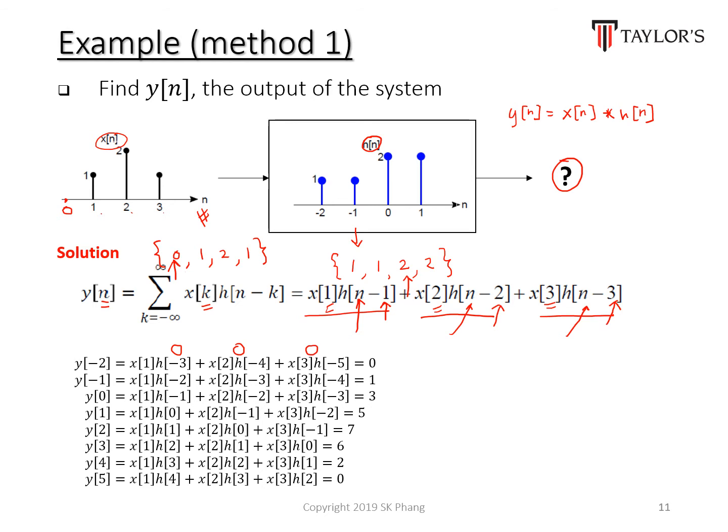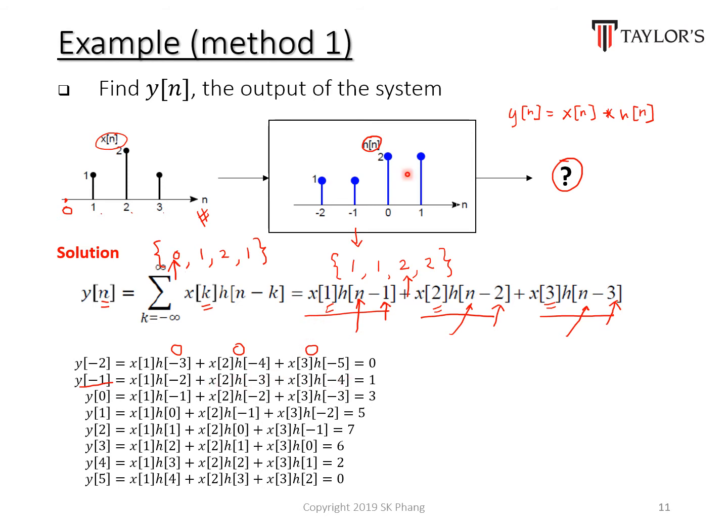Now let us look at n equals minus 1. Substituting minus 1 in these three places, you obtain x[1] multiplied by h[minus 2] plus x[2] multiplied by h[minus 3] plus x[3] multiplied by h[minus 4].